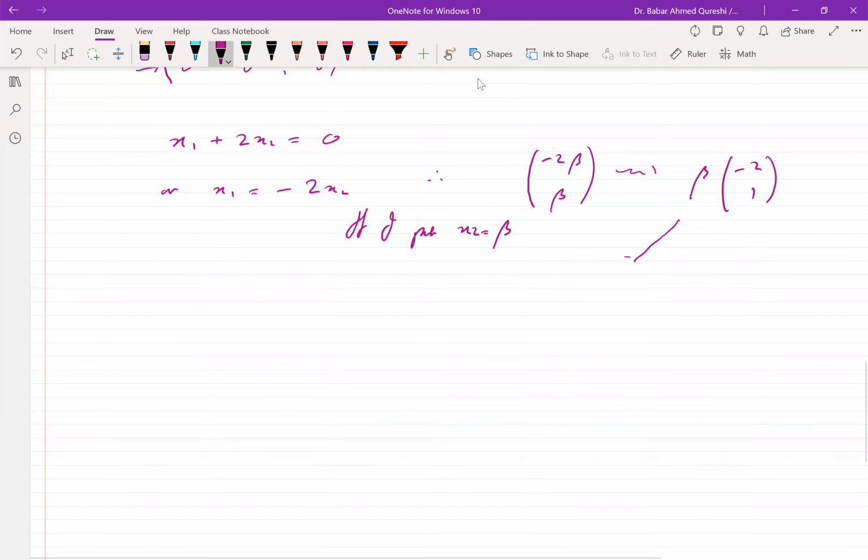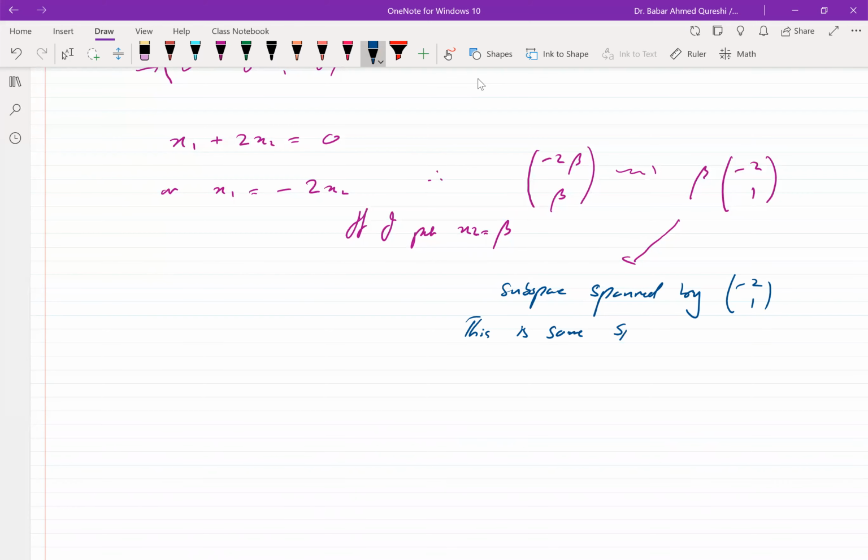So this is a subspace spanned by minus 2, 1. But this is the same space which we found for this one.